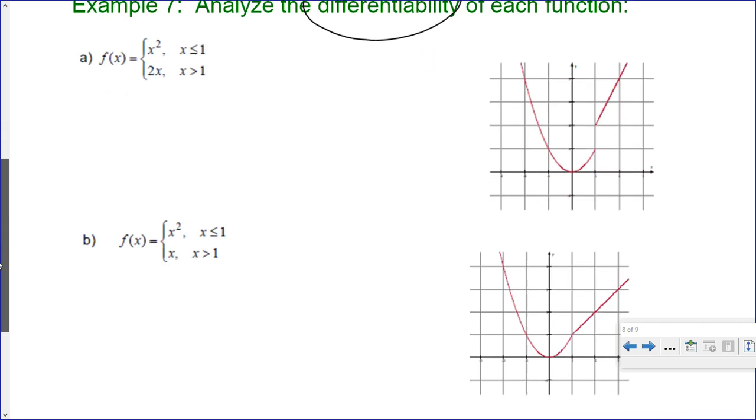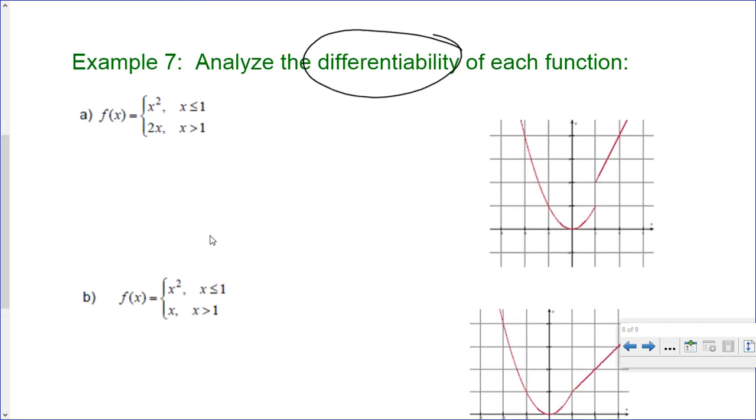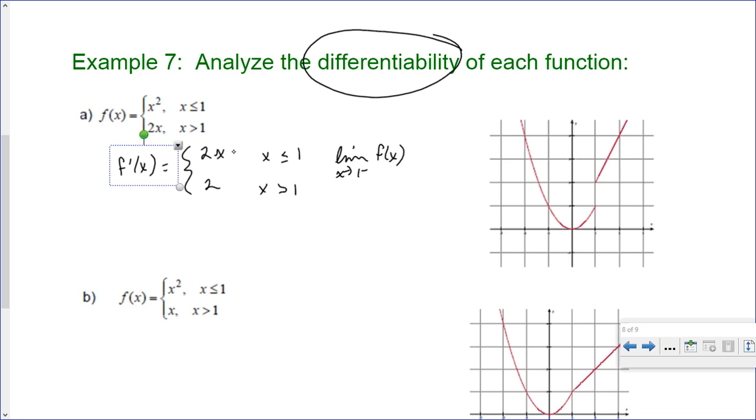To find differentiability here, I'm going to talk about my derivatives. If I have my function defined, I can find my derivatives based on the same interval here, for x less than 1 and x greater than 1. So I need to find the limit of my function as x approaches 1 from the left, and that'll be this line right here.